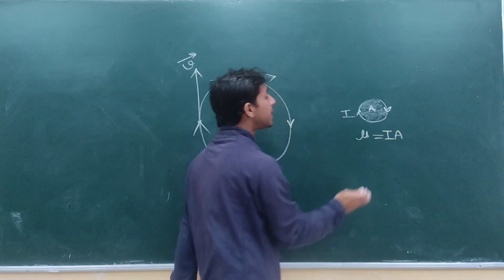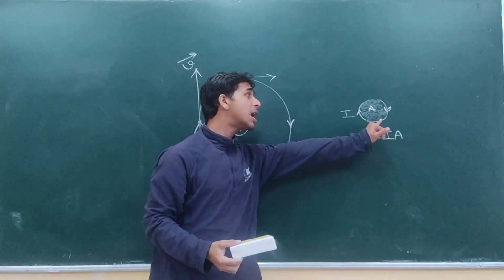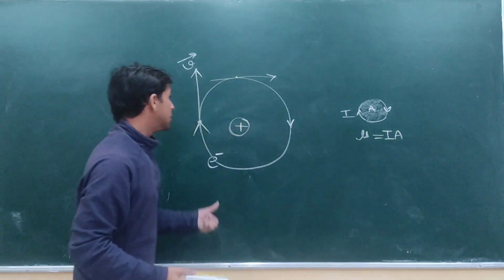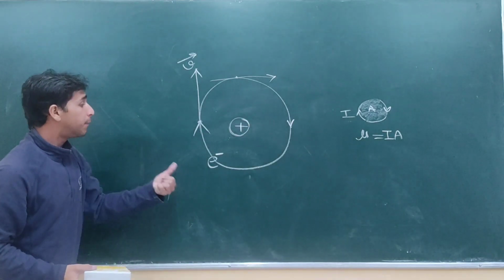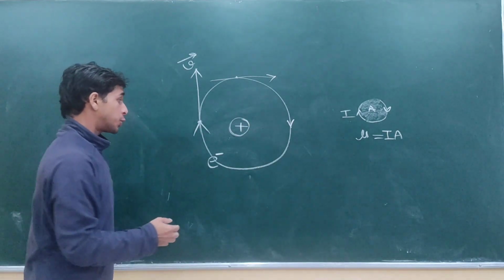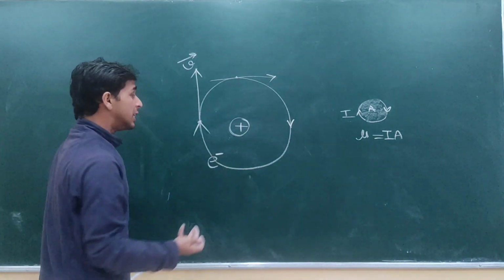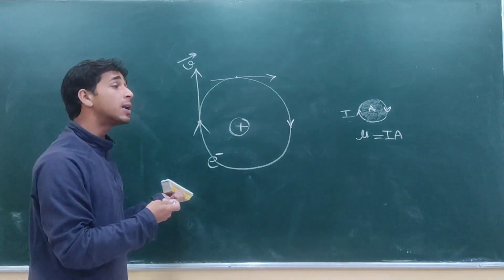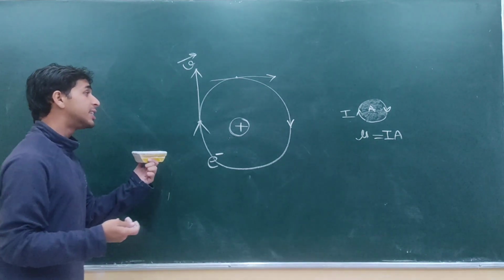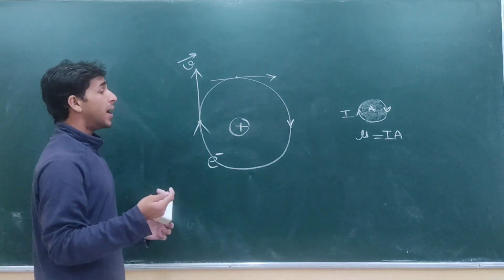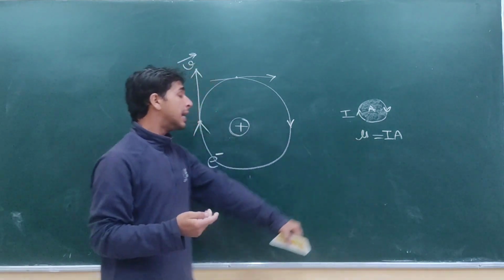the multiplication of current times area of that loop equals the magnetic dipole moment. A similar analogy can be applied here. The electron is rotating along this direction, so it creates some current, and if it creates current, it will be considered as a magnetic dipole moment like this.